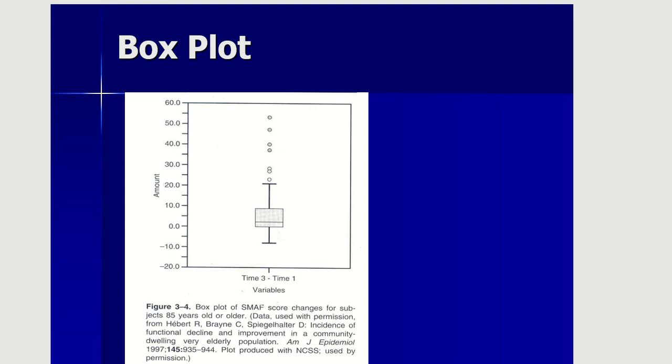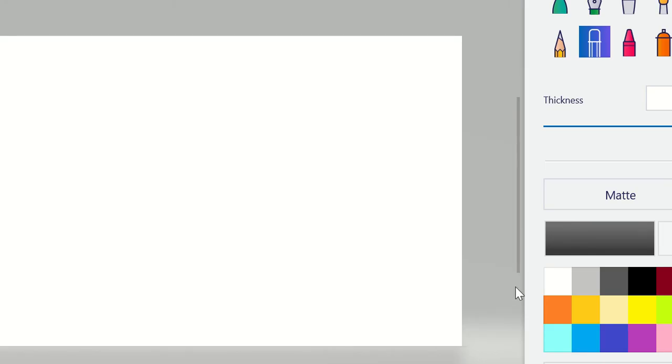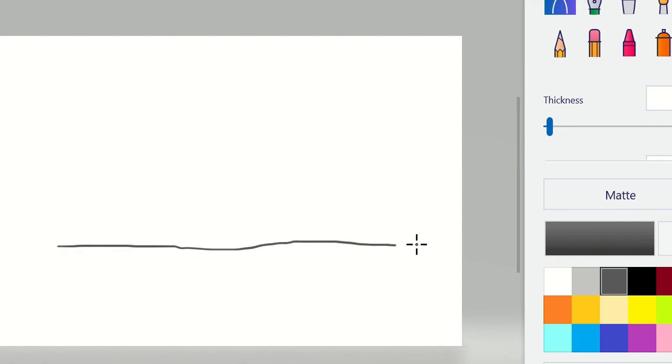So let me move to Paint. And basically what you're going to do is, in your data, you already remember what Q1 stands for. So you're going to represent your three quartiles. Let's say I'm going to draw it not on the y-axis like the one I showed you, but on the x-axis. So it's going to be on the side.